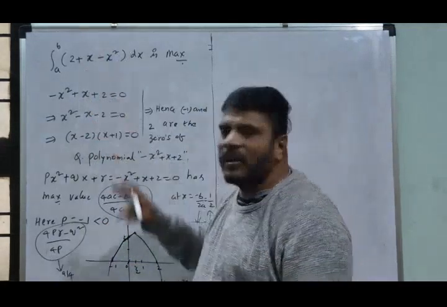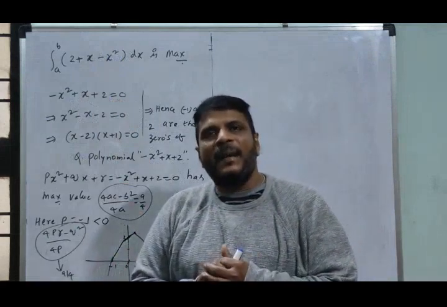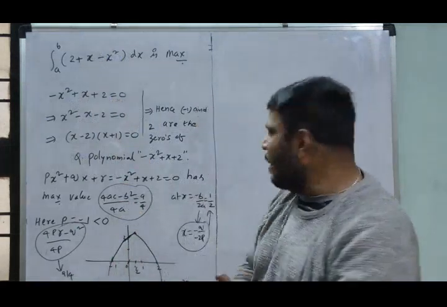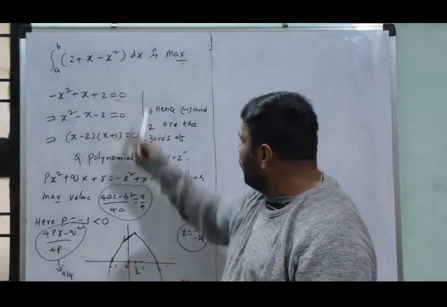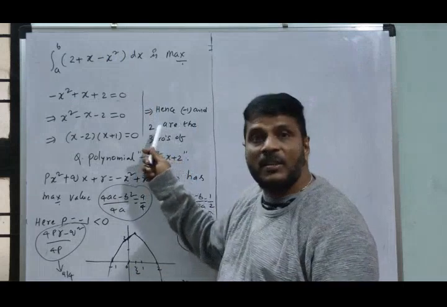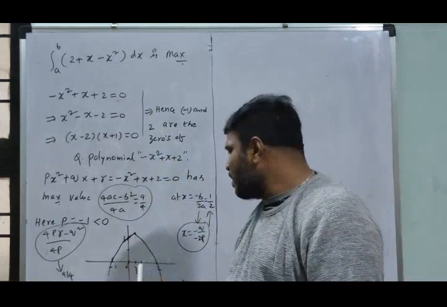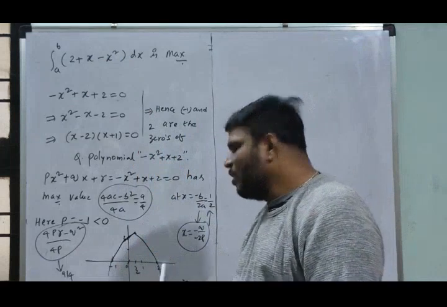We know that every quadratic polynomial represents a parabolic curve. So you have to draw the parabolic curve. This polynomial has minus 1 and 2 as zeros, so the parabolic curve crosses the x-axis at minus 1 and 2.